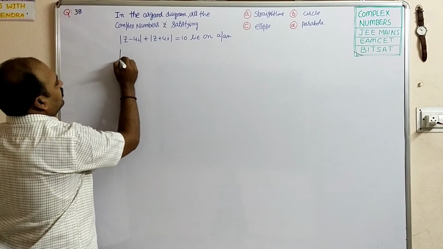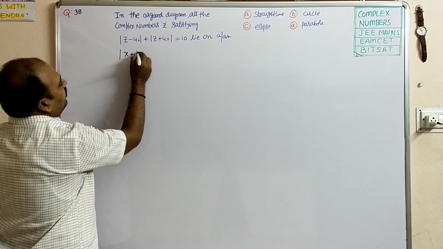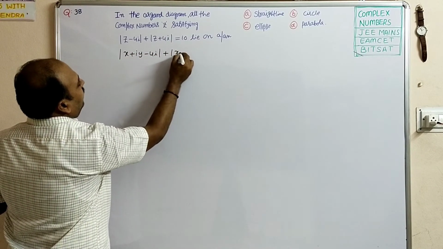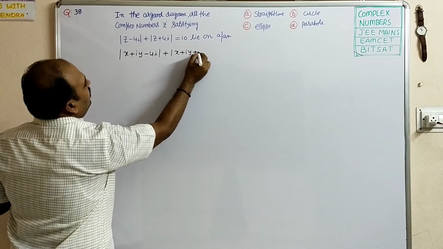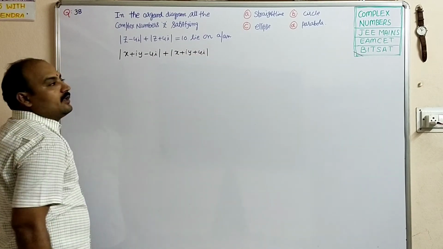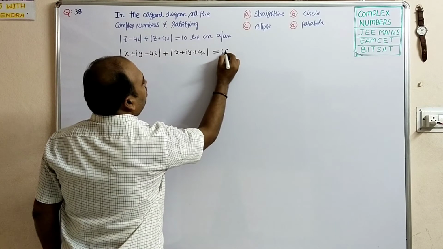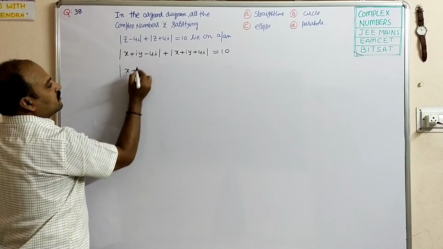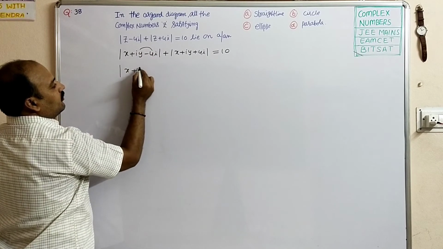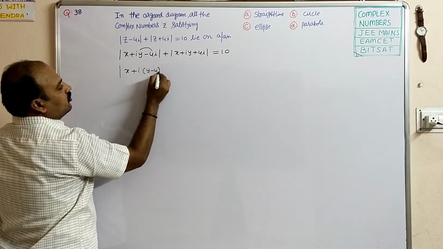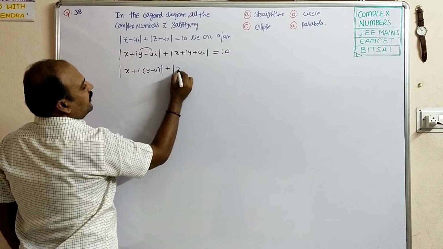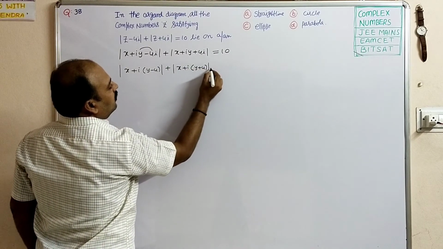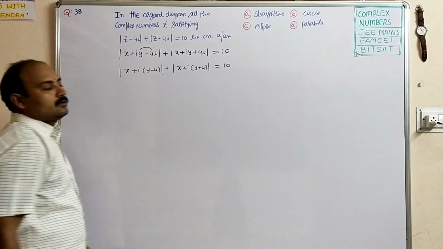So according to that, x plus iy minus 4i plus x plus iy plus 4i is equal to 10. Mod x plus, from these two I take common i, i into y minus 4 plus x plus i into y plus 4 is equal to 10.